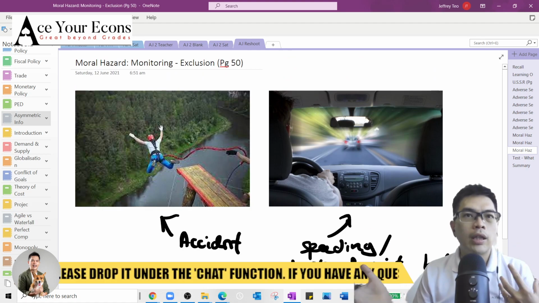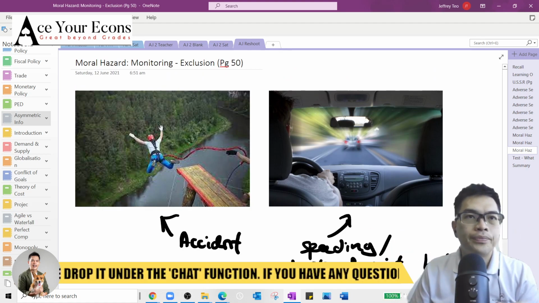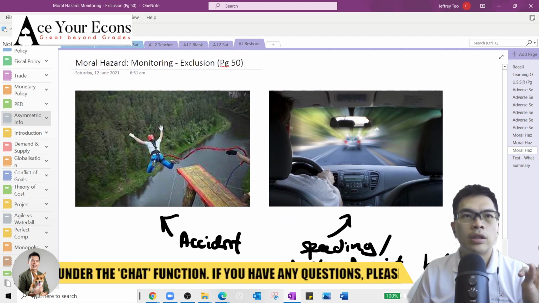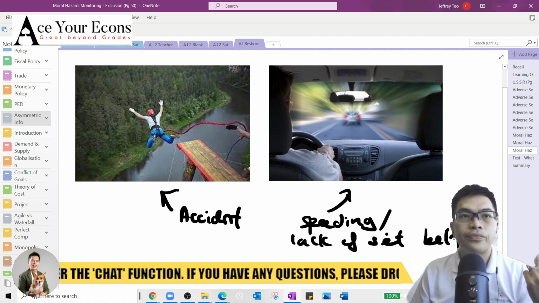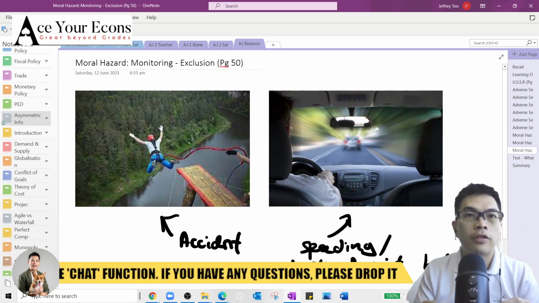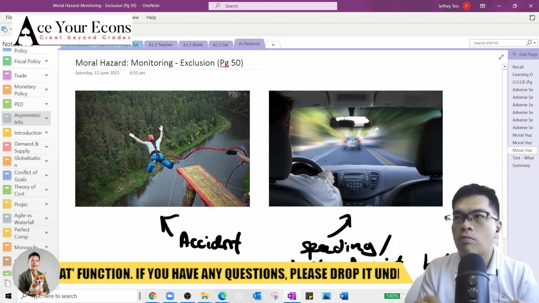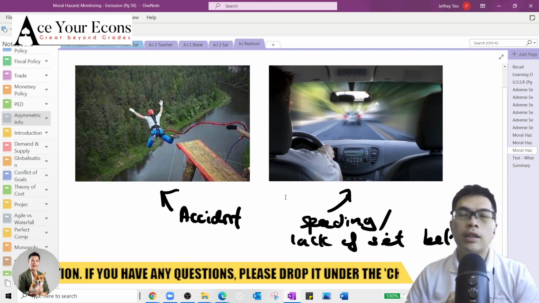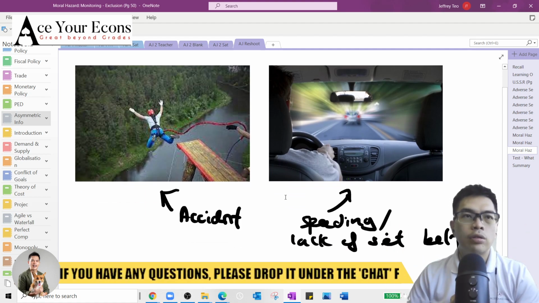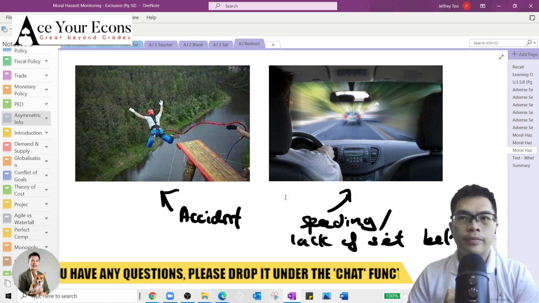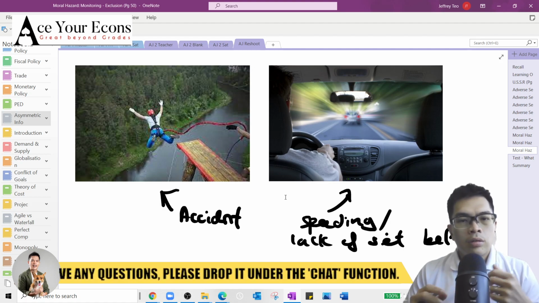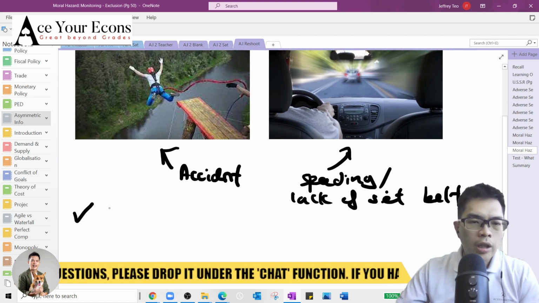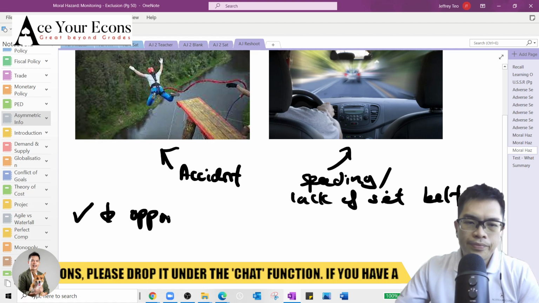In this way, the insurer is able to monitor the behaviors of the consumers through the imposing of such rules. The exclusion here is going to reduce opportunist behavior.